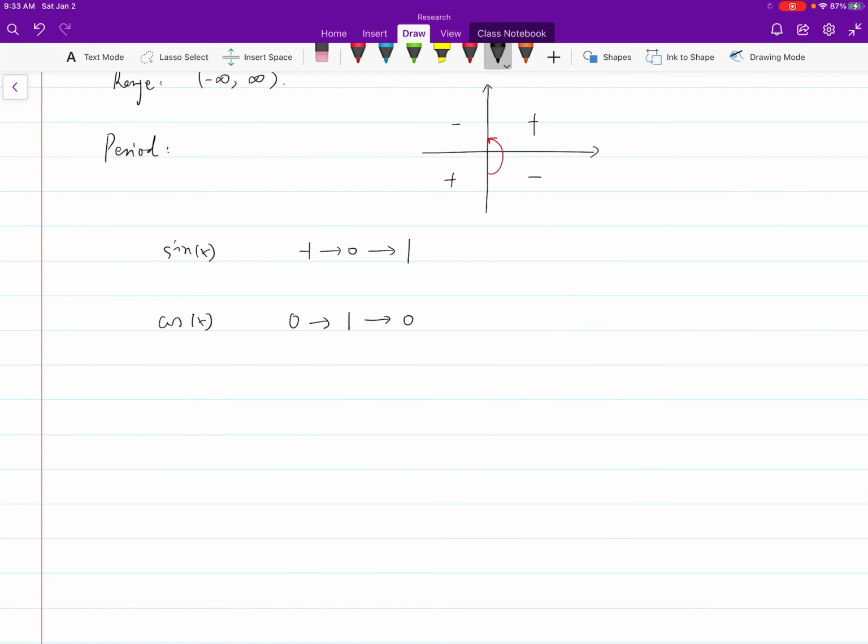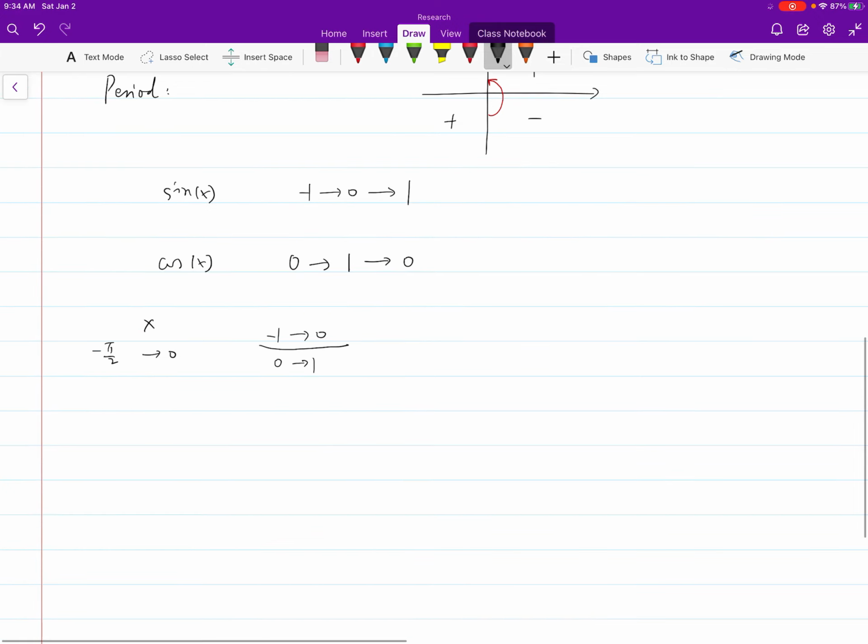Your cosine went from 0 to 1, and then back to 0 again. So if we just decompose them into 2 parts, for the first part, your sine went from negative 1 to 0, and your cosine went from 0 to 1.